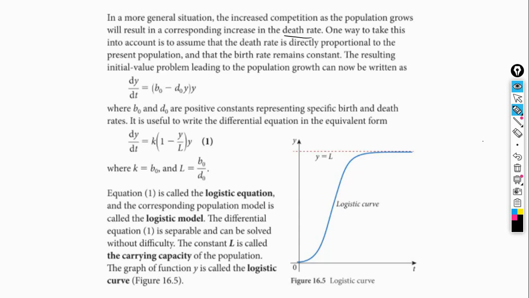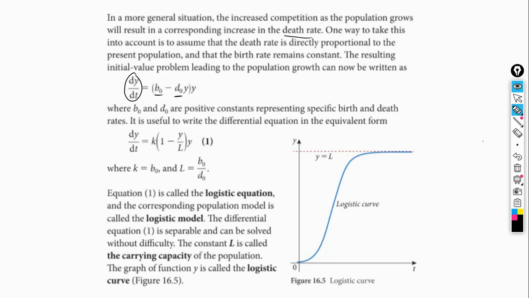The resulting initial value problem leading to the population growth can now be written as dy/dt is equal to (b sub 0 minus d sub 0 times y) times y, where b sub 0 and d sub 0 are positive constants representing specific birth and death rates.